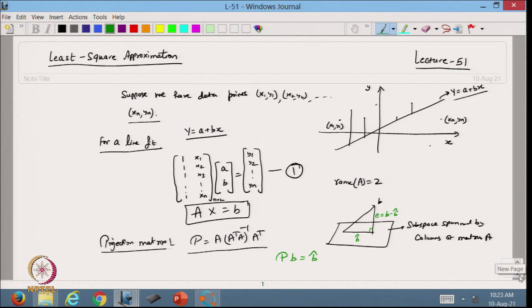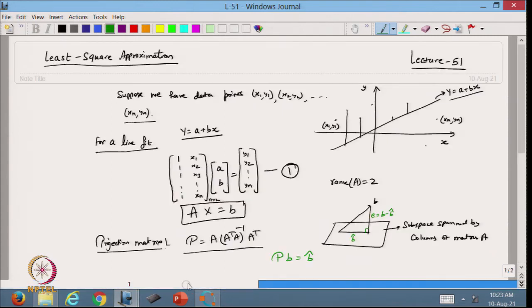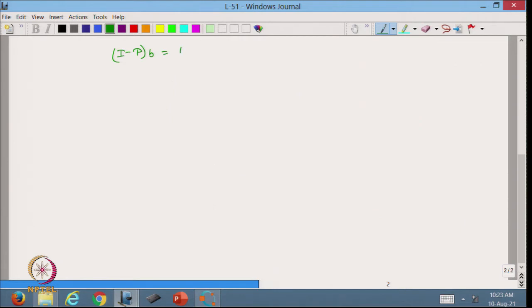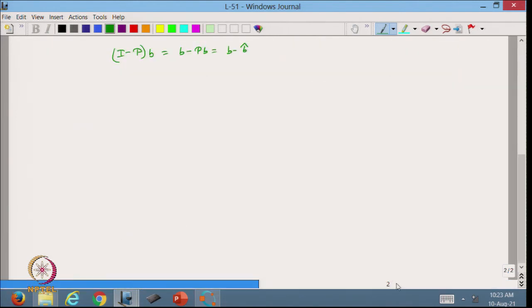Now I want to see what happens if I take I minus P and apply it on the vector B. Then I can write B minus PB, which is B minus B hat. So from here I can say that I minus P is also a projection.